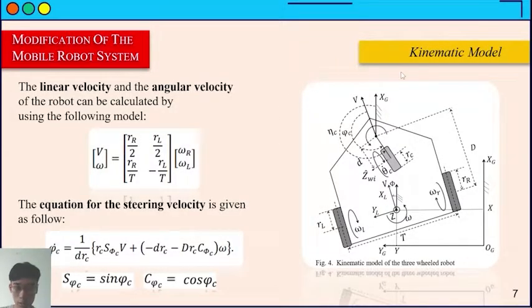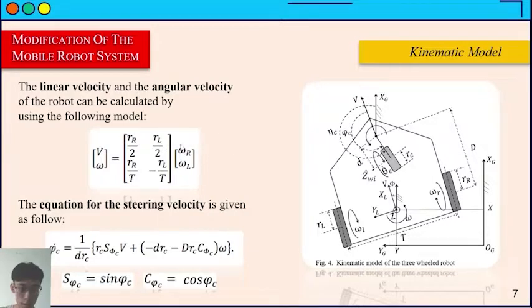So we go to the kinematic model. We have two equations. Equation 1 is the linear velocity and the angular velocity of the robot. You can see figure 4. This is the kinematic model of the three-wheel robot. So what does the equation mean?